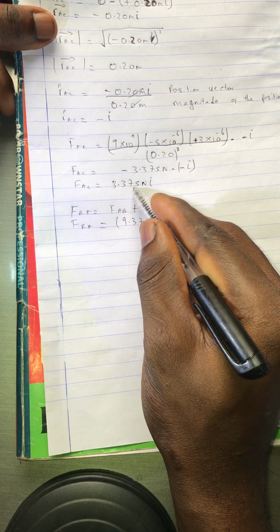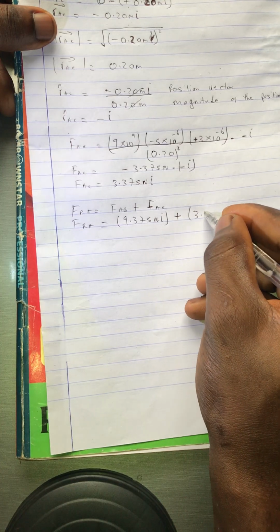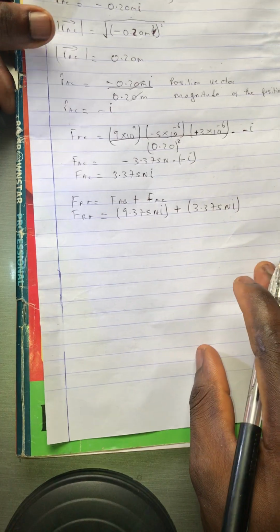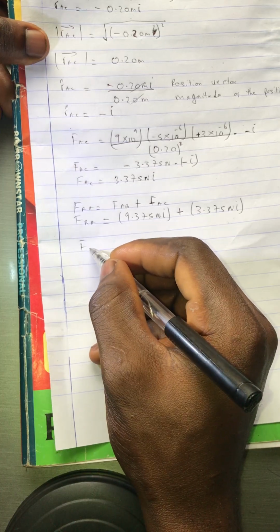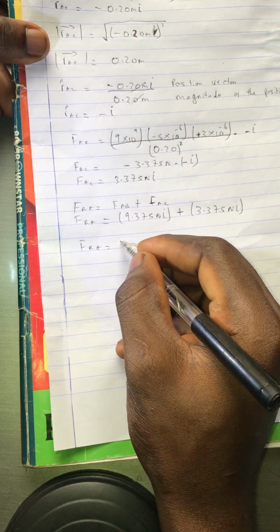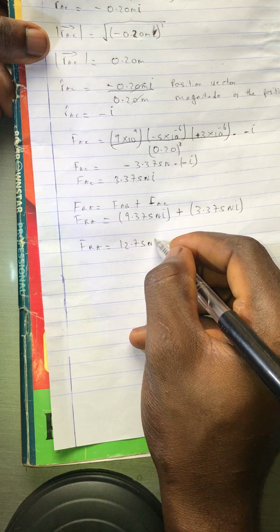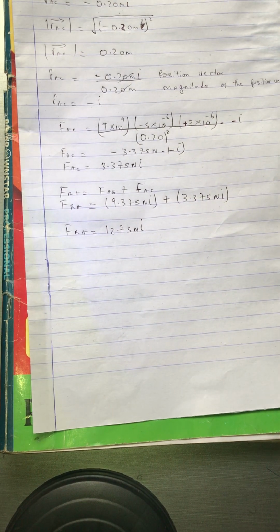We got 3.375 Newton i. So when you add this together, the resultant force on A will be 12.75 Newton i. So that's actually the answer to the question.